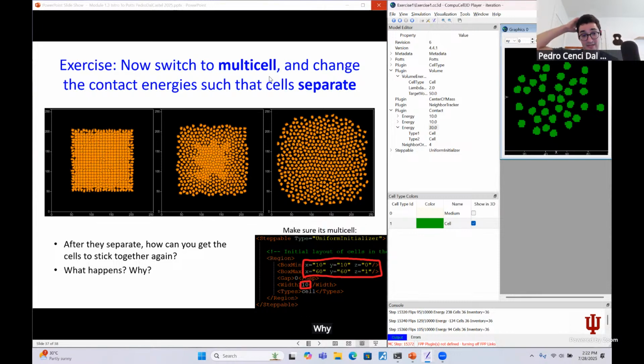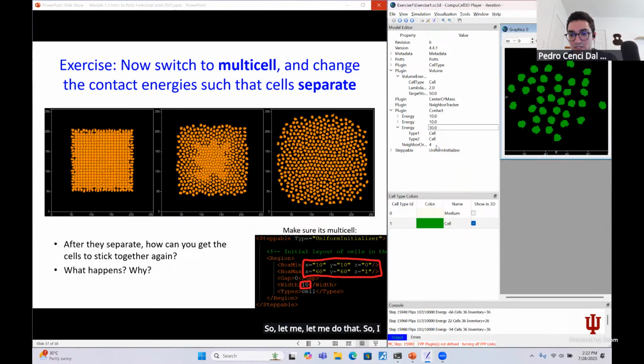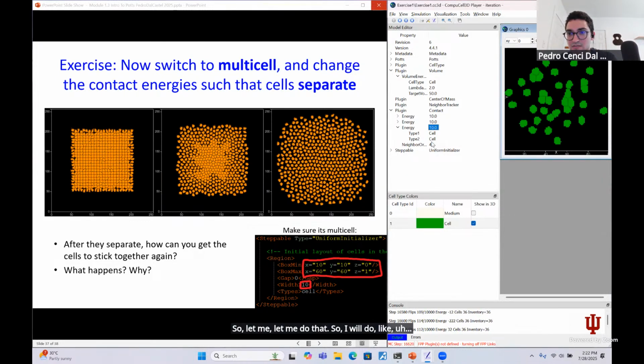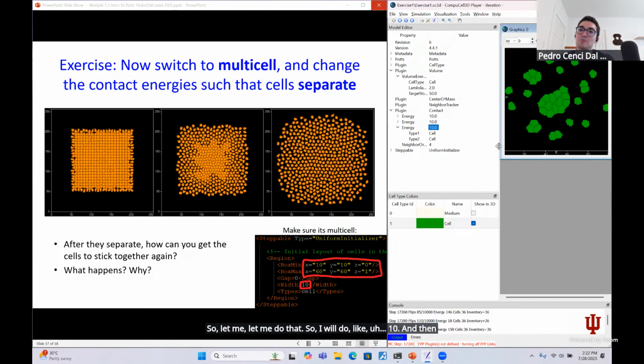Why that? Why not all of them? Yeah, they are too far apart already. So let me do that. I will do like 10, and then they form these small clumps.